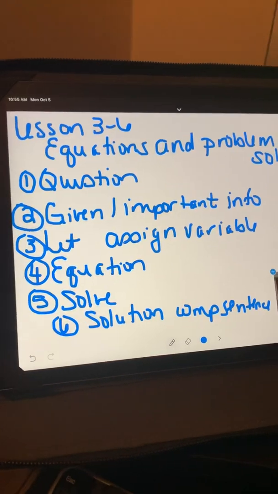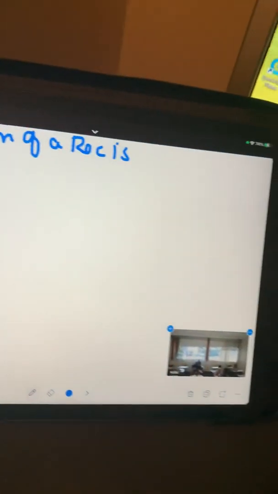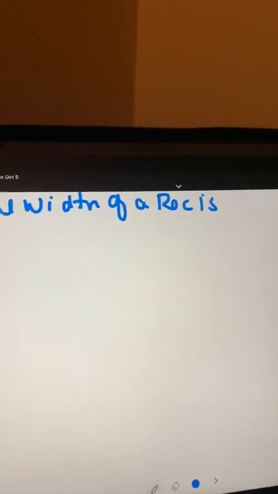All right. So, let's say we have the story problem. The width of a rectangle is 2 centimeters less than the length.